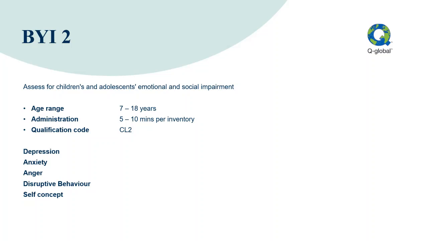The Beck Anxiety Inventory includes items reflecting fears, for example, about school, getting hurt and their health, worrying and physiological symptoms associated with anxiety. For example, I'm afraid that I might make mistakes or my hands shake.